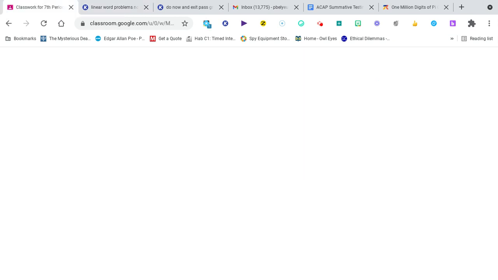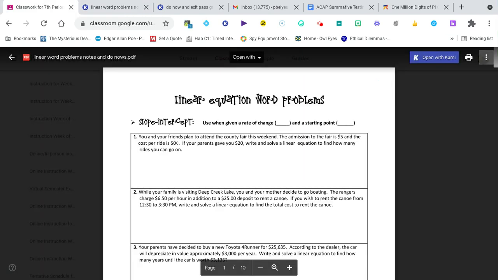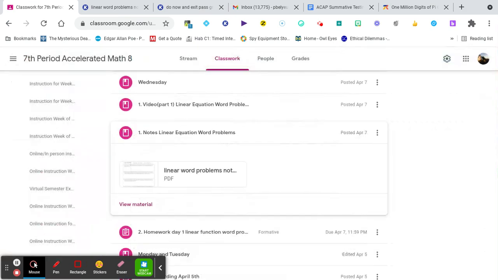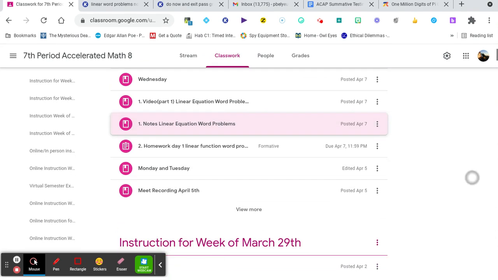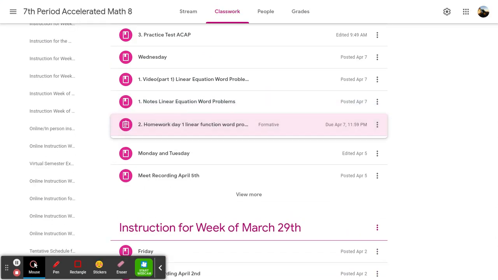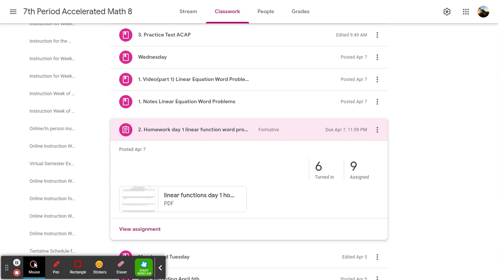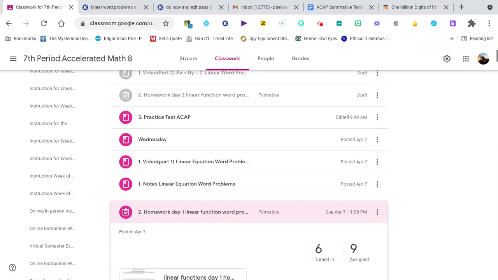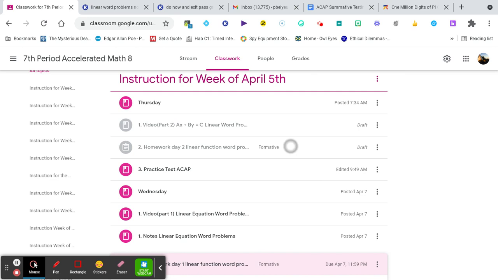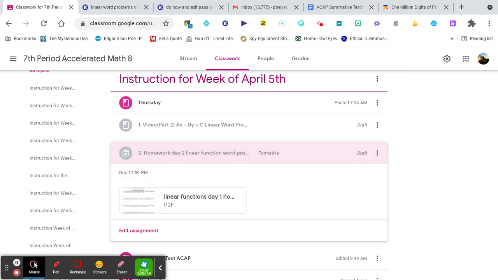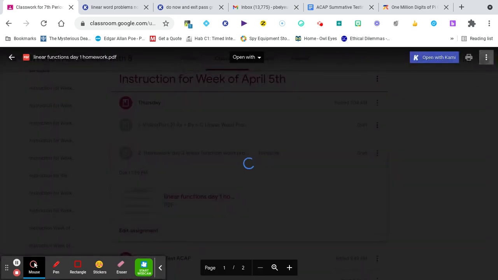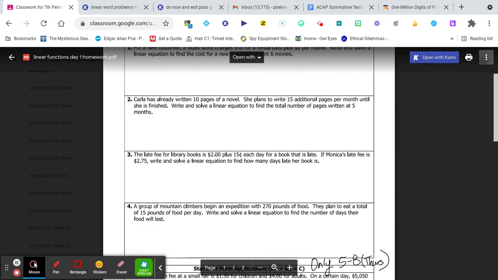All right, so what you're going to do, we should be at this point ready to go over some of the ACAP questions on the sample test. But if not, I want you to go to Google Classwork, to that Classwork tab, and open up your homework here. It shouldn't say for day 1. Oh, here it is. I'm on the wrong one. It's going to say for day 2. You're going to open up the homework there.